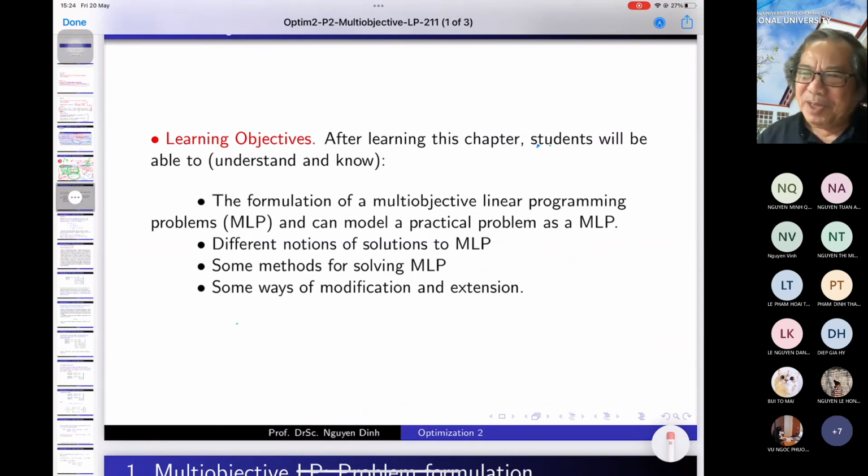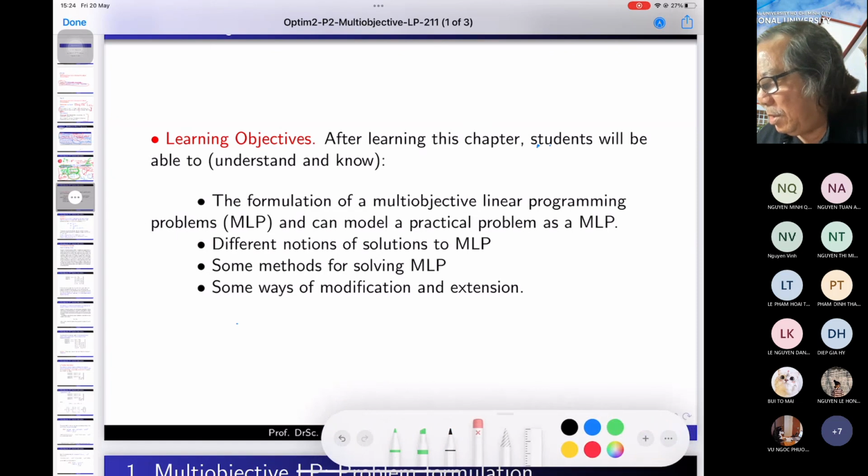Problem statement. What does it mean? Multi-objective linear programming. In this segment we see the formulation of the multi-objective linear programming problem.